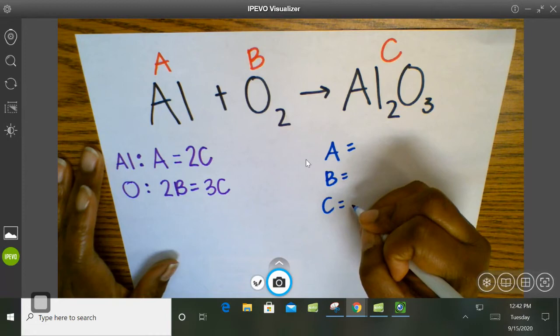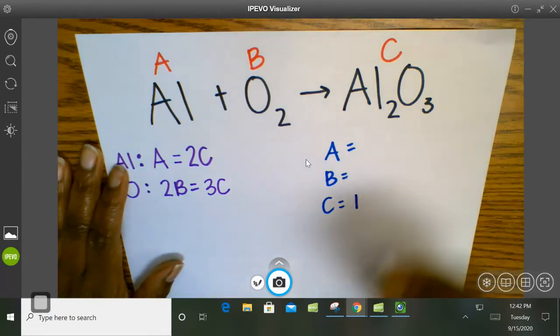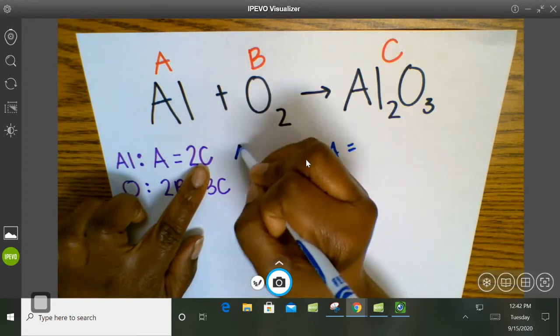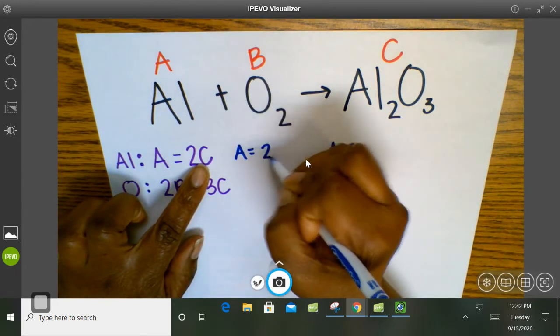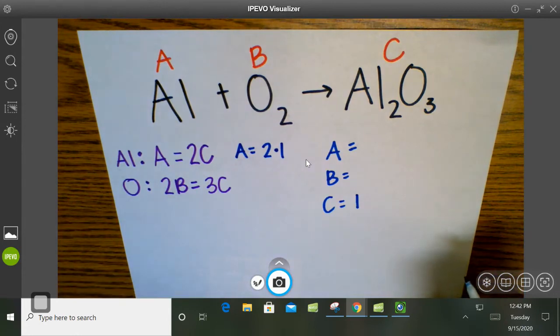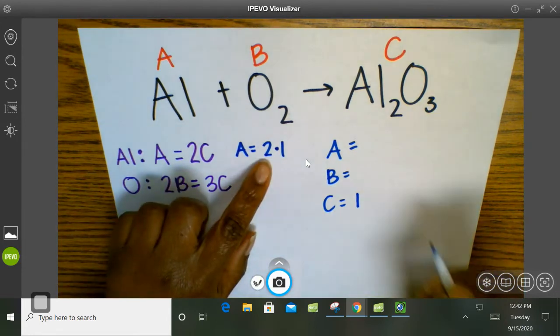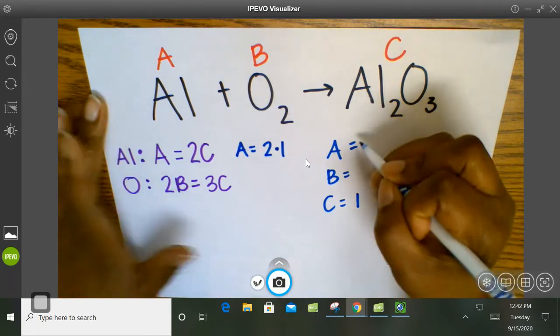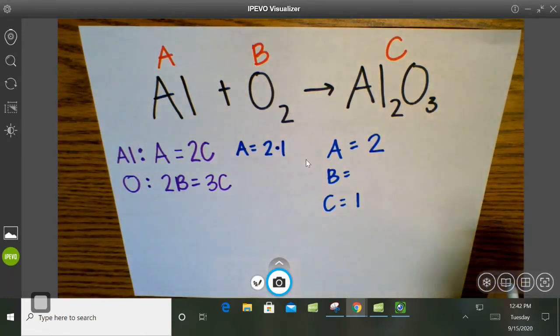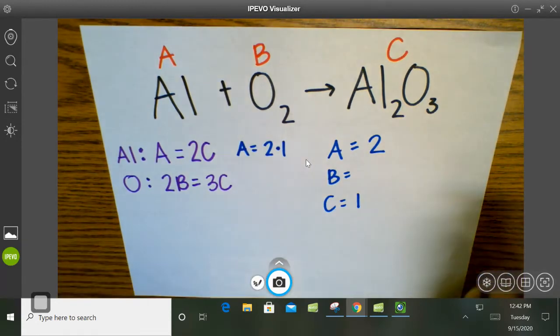All right, for me, I chose C to be number 1, okay, because A is equal to 2 times 1. All right, and if I do that, I'm like, okay, no fractions, because I'm trying not to get a fraction. But if I have to get a fraction, we can figure out how to get rid of it. So A is equal to 2.